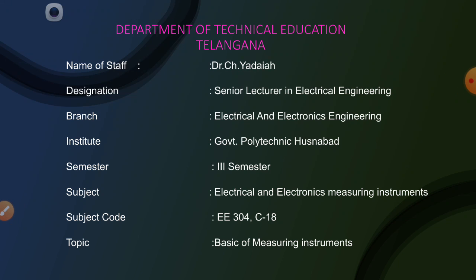Let us continue our first chapter regarding 18EE304, third semester, Electrical and Electronics Measuring Instruments. The first chapter is the basics of measuring instruments.